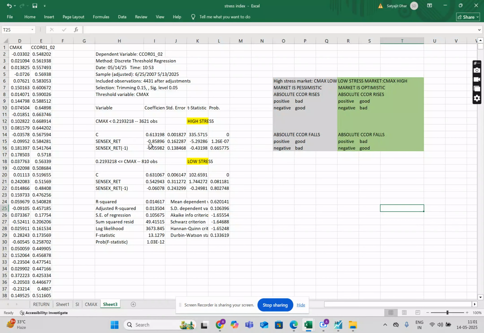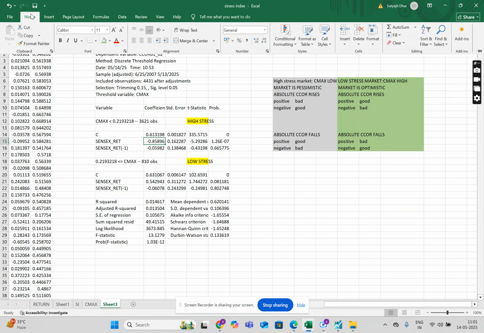It means as my Sensex rises by a particular value, then the conditional correlation goes on decreasing. So when the market is bad and my conditional correlation is decreasing, we need to understand what is the sign of the conditional correlation. So let's not think in absolute terms. Let's think in terms of the true value of the conditional correlation, not the absolute value.